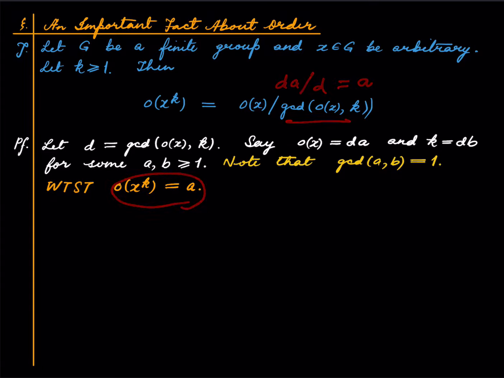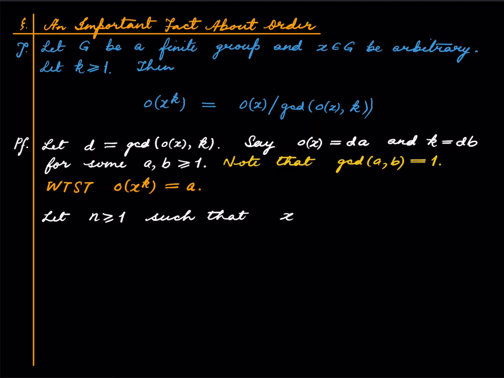This is our aim. So now let n be some positive integer such that the corresponding exponent of x to the k is identity. Then x to the kn is identity, which implies that the order of x divides kn.